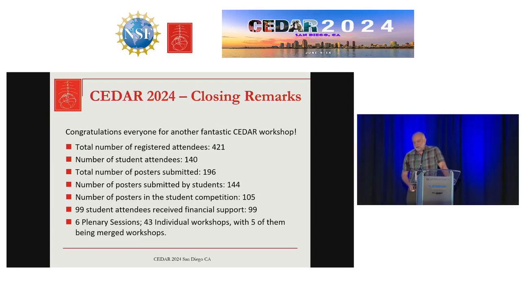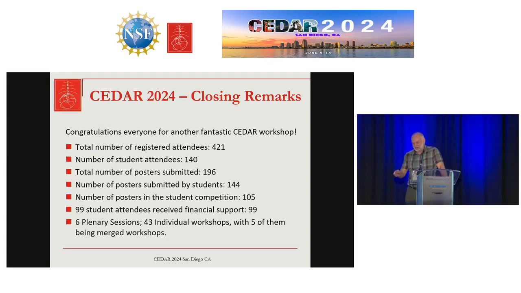I gave this same talk last year, and I look back at the talk I gave, and I had a big highlighted title that said last year's meeting was the biggest ever with 420 registered participants. So I guess we beat the record by one this year.